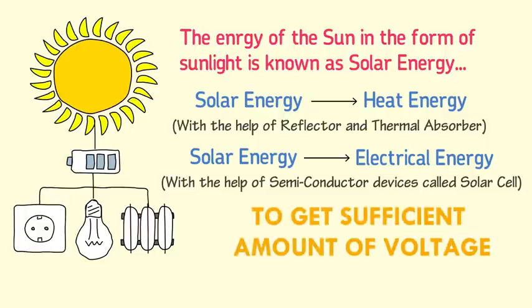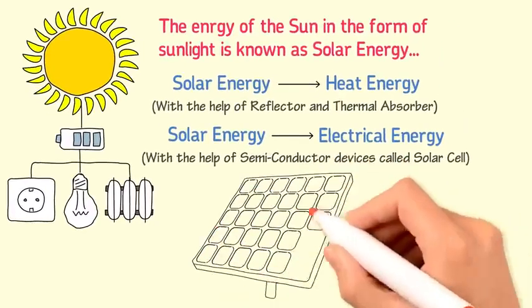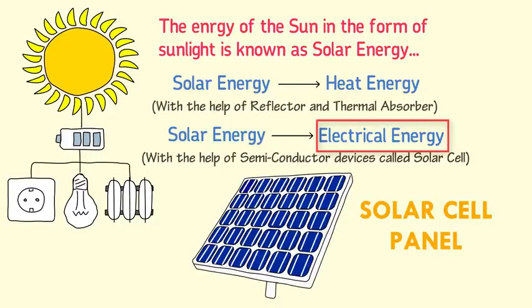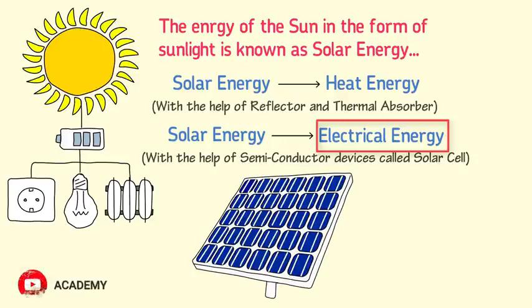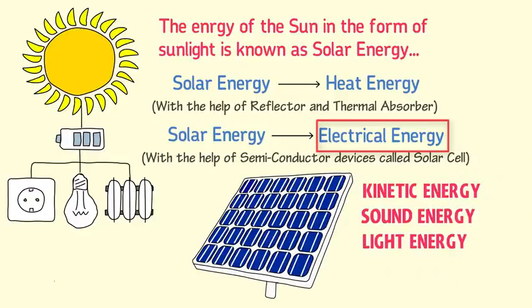To get a sufficient amount of voltage from solar energy, we connect solar cells in series, forming a solar cell panel. The electrical energy obtained from solar energy can be converted into other useful forms of energy like kinetic energy, sound energy, light energy, and heat energy.